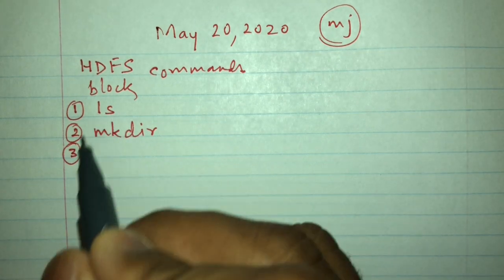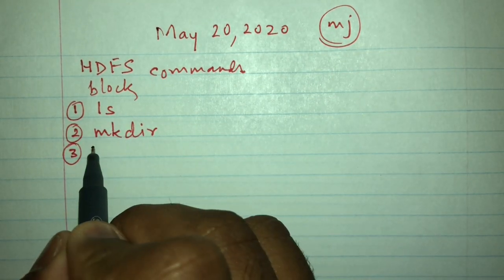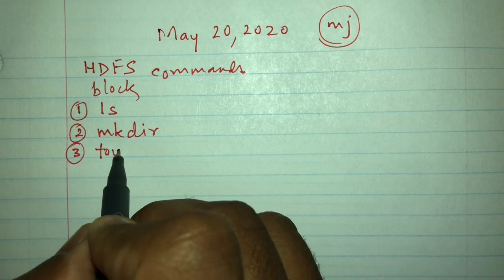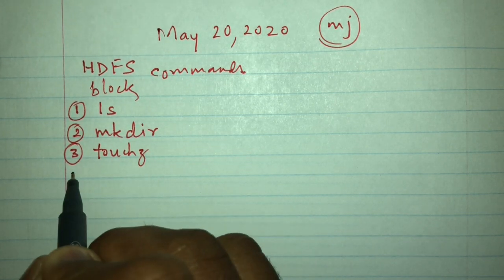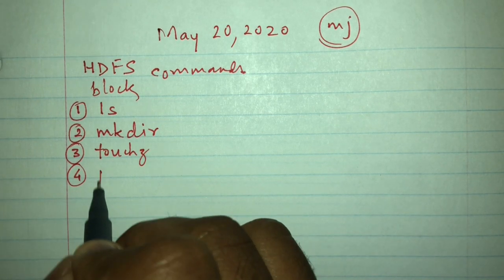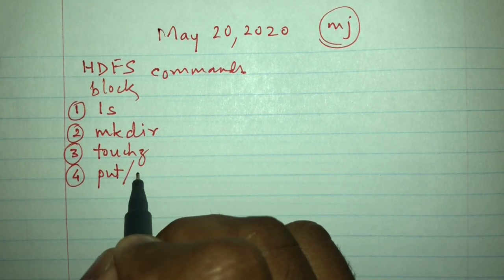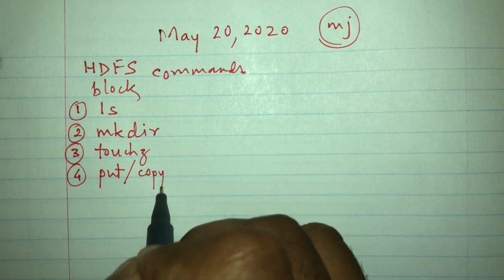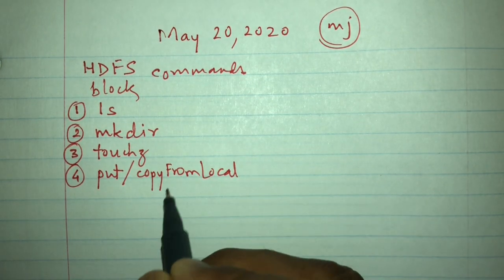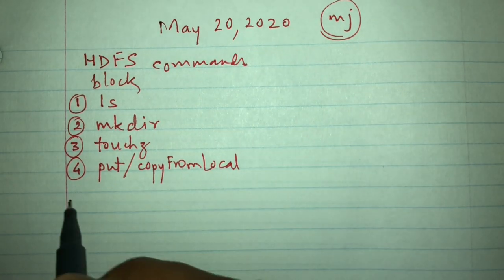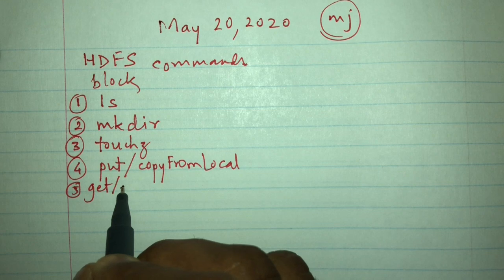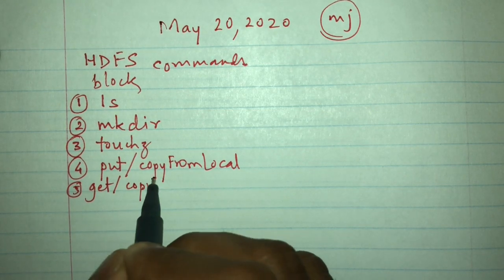First we'll see the ls command, then mkdir, then there is a touchz command which acts as the touch command in Unix. We will see the put command, also called copyFromLocal. Please note that F and L are capital here. Then we will see the get command, also known as copyToLocal.